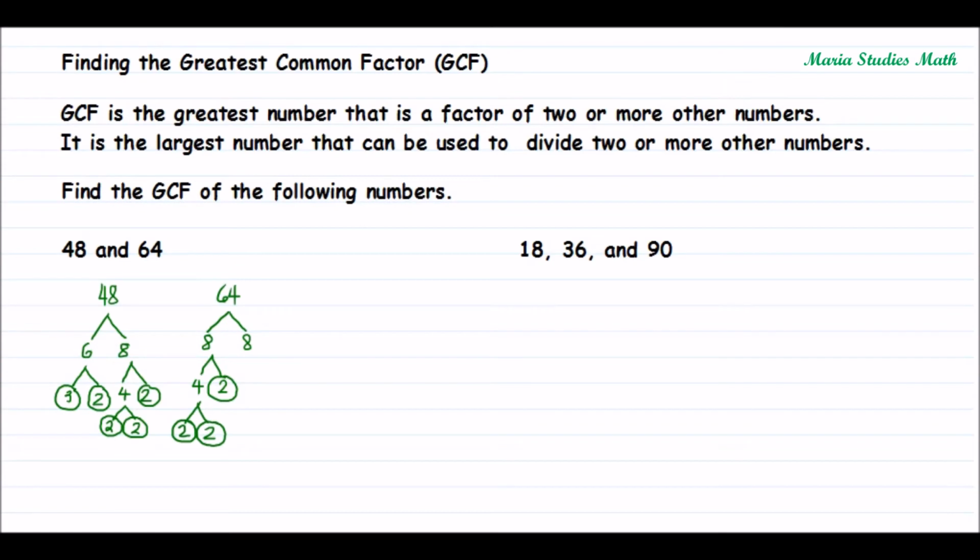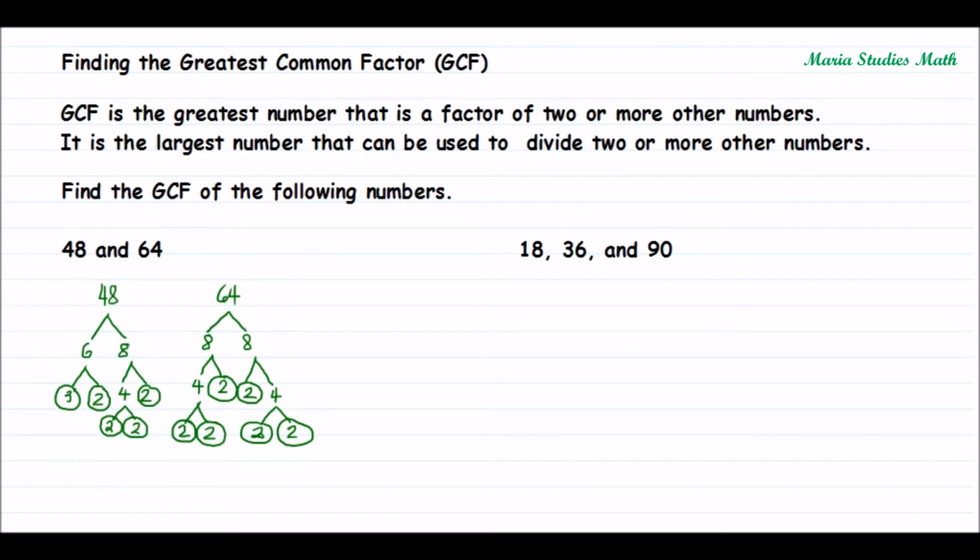And then for the other 8, also do the same. So we could have 2 times 4, and then 4 can be factored as 2 times 2. Now, we already have the prime factors of 48 and 64.